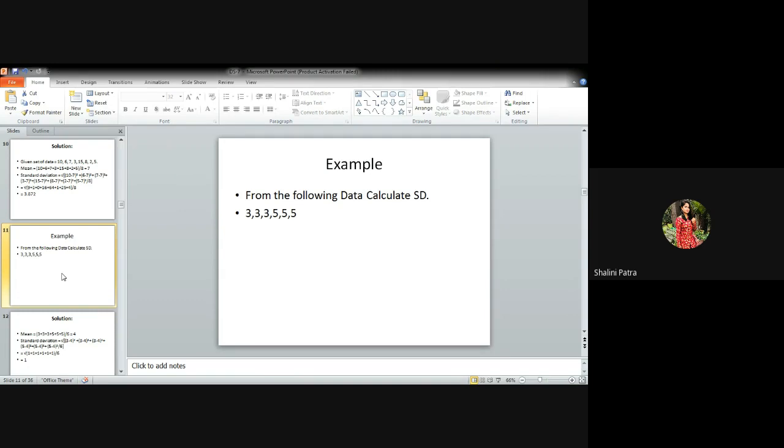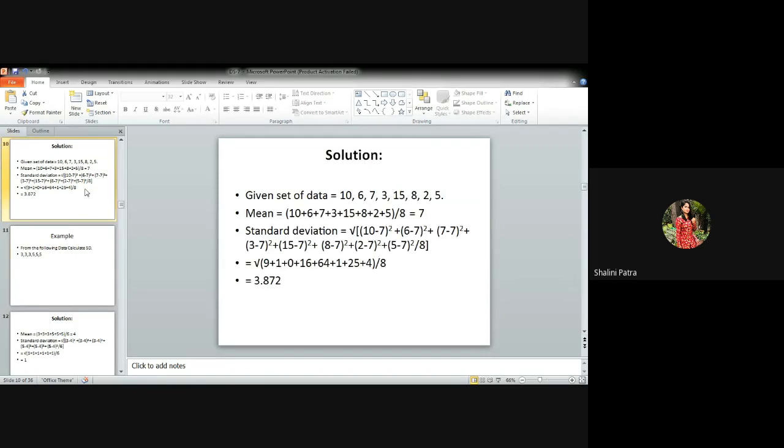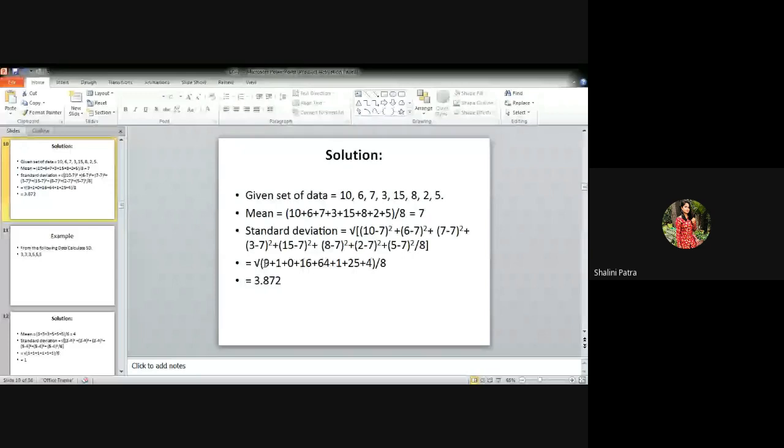Calculation of standard deviation. Sir, I'm having a doubt in the grade. It is 3 or 3.872, that is the answer. I'm taking the square root of all the numbers, getting 24.